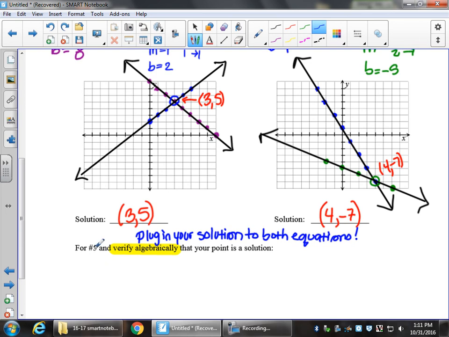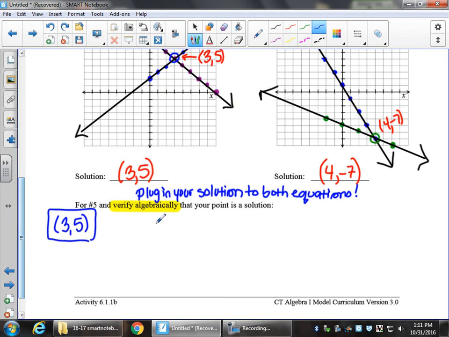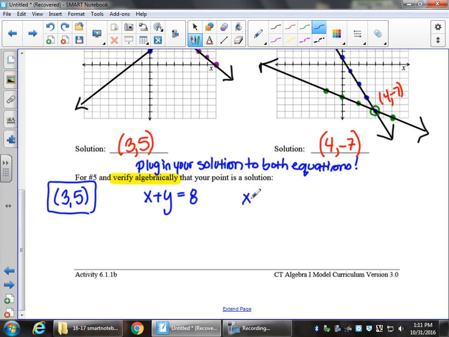So if I look, the solution for 5 was 3, 5. We already did that work. Our 2 equations for number 5, x plus y equals 8, and x minus y equals negative 2.